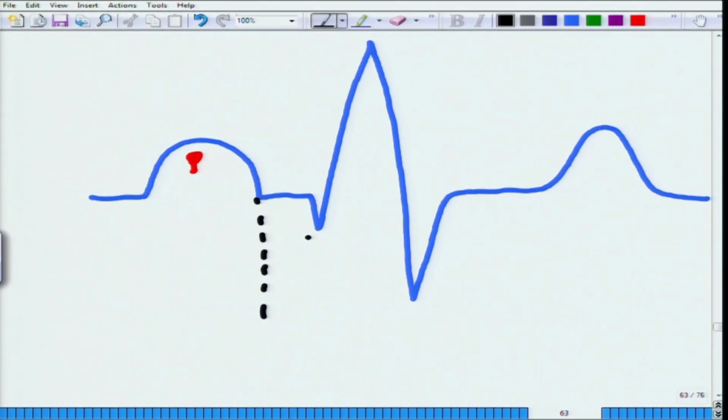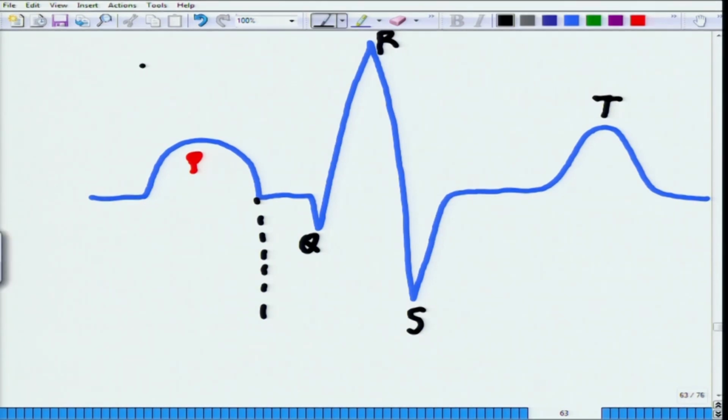So, here you have the Q, here you have the R, you have the S, QRS complex, and this is called T. This is what a characteristic EKG trace looks like: P, QRS complex, T.